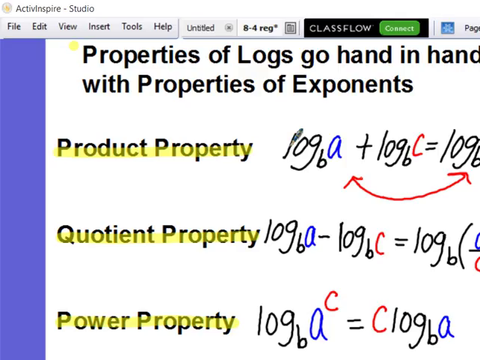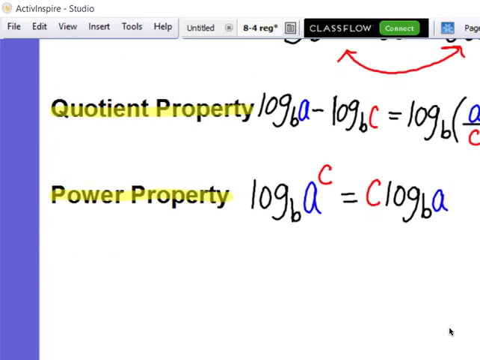And moving on to our power property, it's similar, but it just sounds a little different. It's called a power property because we have log to the base b of a raised to the c. When you raise something to a power, then you multiply the power. So what we're doing is we're taking the power, c, and we're multiplying it out in front.